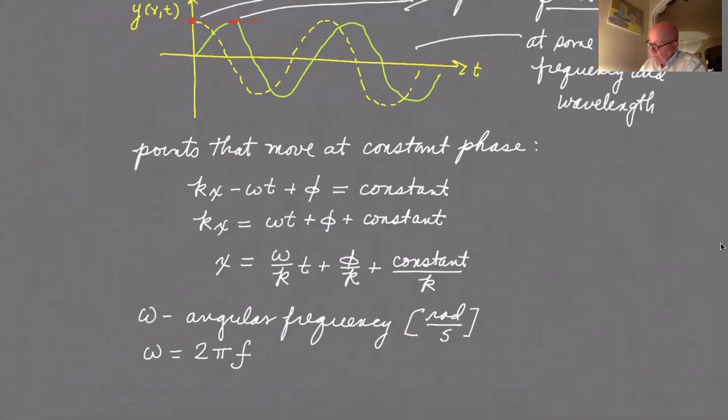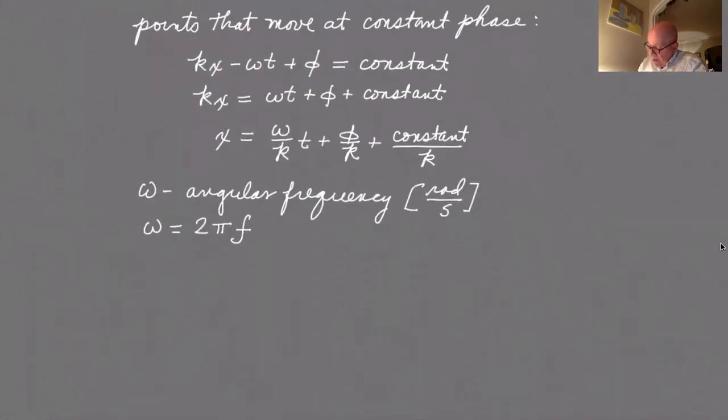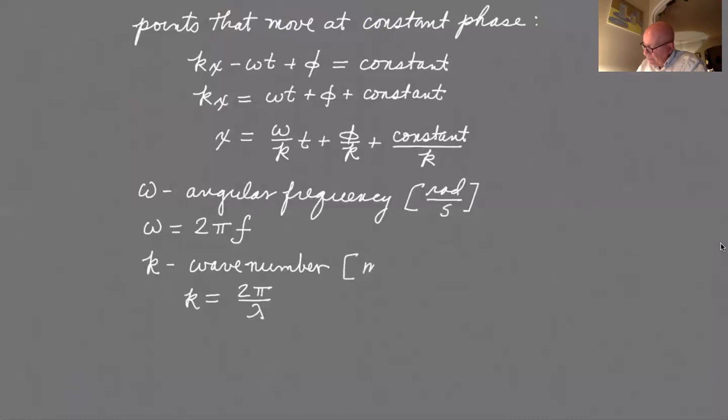K, you will remember, is called the wave number, and the wave number k is 2 pi over lambda, which has units of inverse meters.